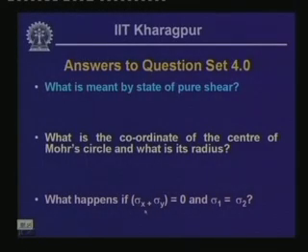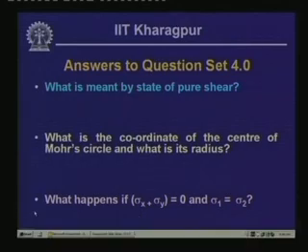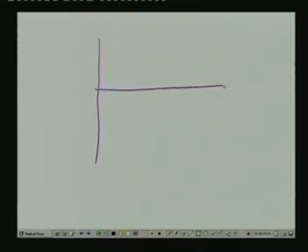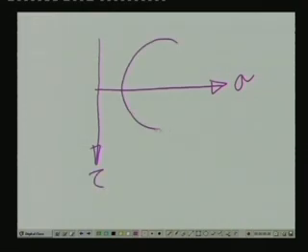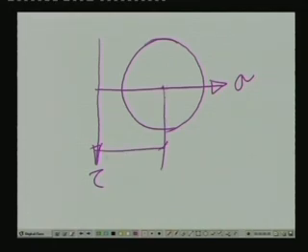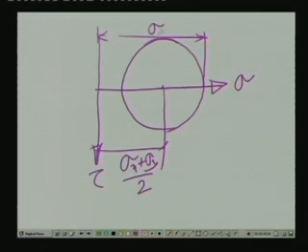Now, what happens if sigma x plus sigma y equals 0 and sigma 1 is equal to sigma 2? This also we have observed. In the Mohr's plane, again this is sigma, this is tau, and if we draw the Mohr circle, the center is sigma x plus sigma y by 2, and this is sigma 1, this is sigma 2.